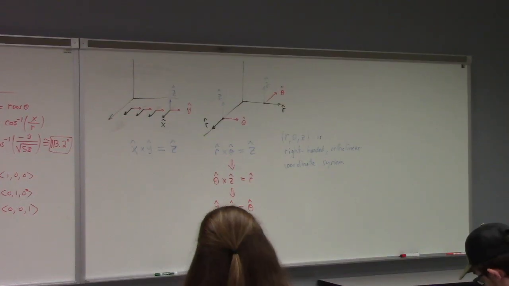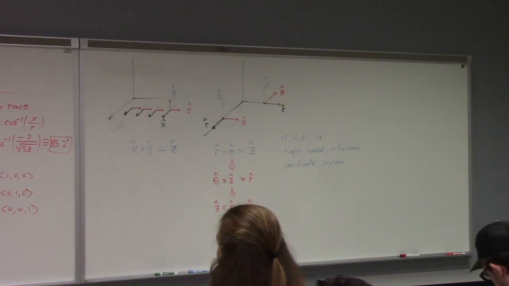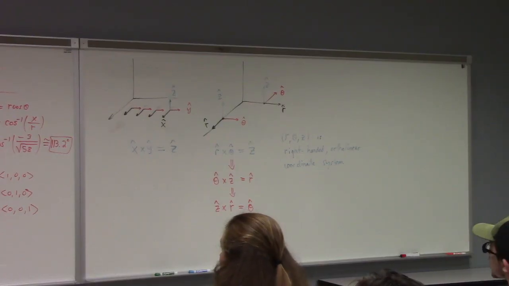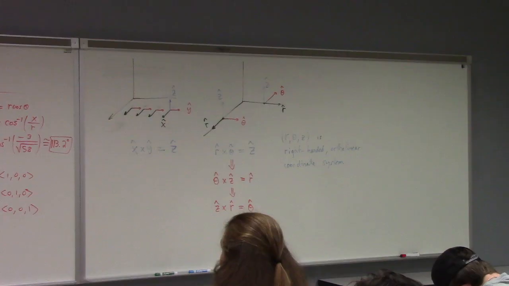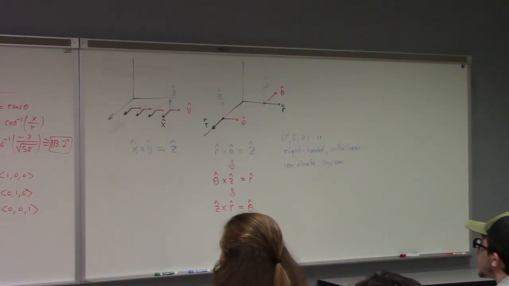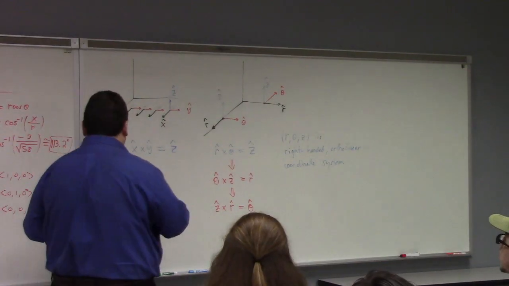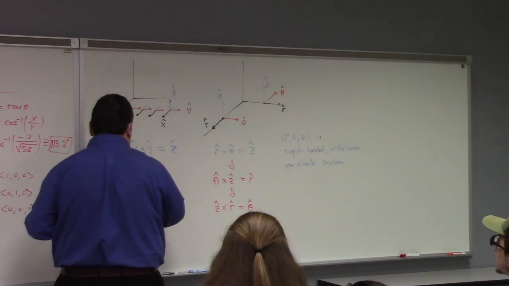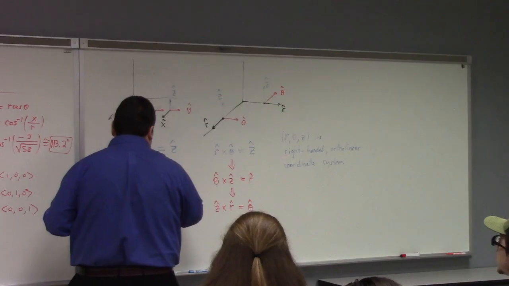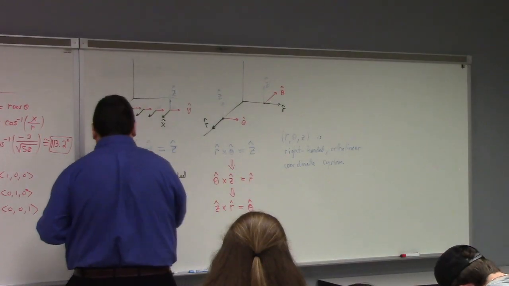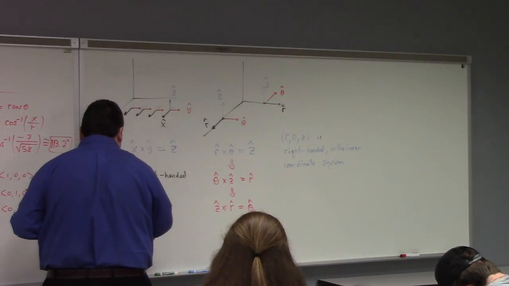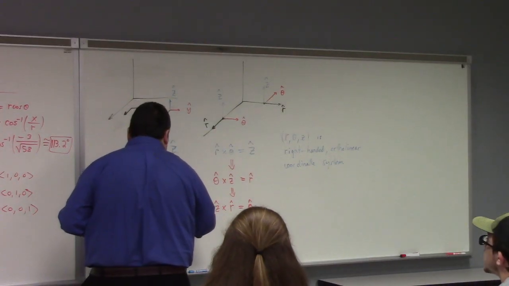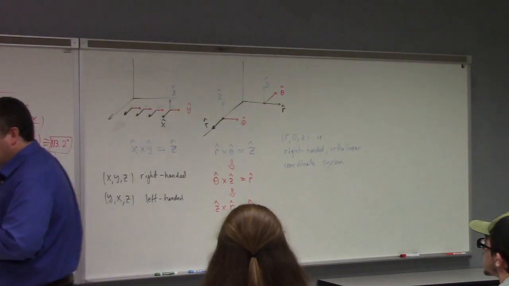On the other hand, the y, x, z coordinate system would not be right-handed because y hat cross x hat is not z hat. So x, y, z is right-handed, but if we were to do y, x, z, this would be left-handed, which is of course an evil inferior type of coordinate system that we don't consider.